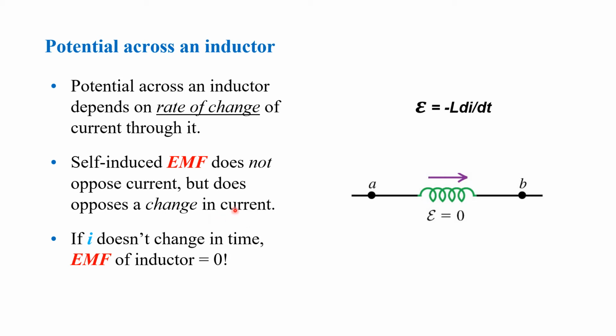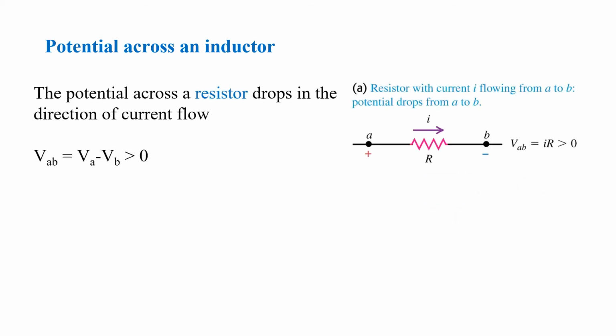If I doesn't change in time, the EMF of the inductor is equal to 0. So let's say you have a steady current in your circuit here. There's no EMF in the inductor because di/dt of a constant current I is equal to 0. The potential across a resistor drops in the direction of current flow.